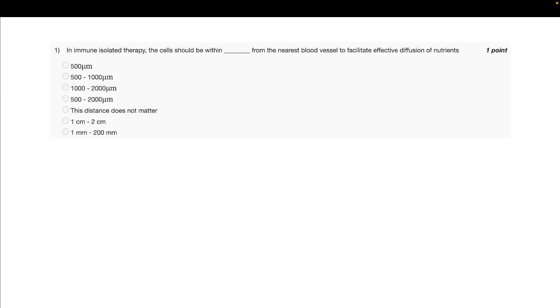So the first question is, in immunoisolated therapy, the cells should be within some distance from the nearest blood vessel to facilitate effective diffusion of nutrients.